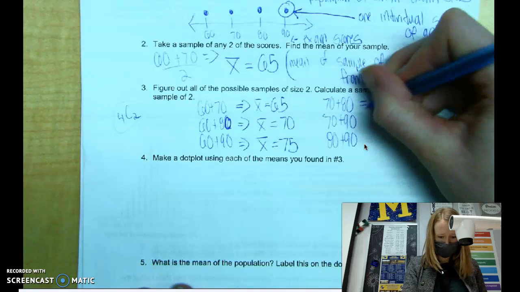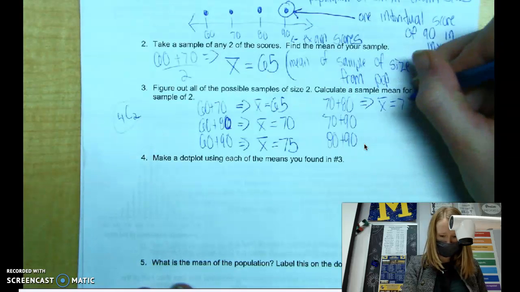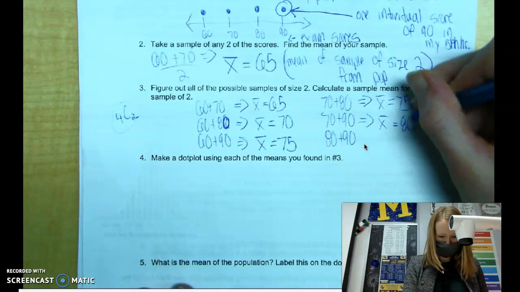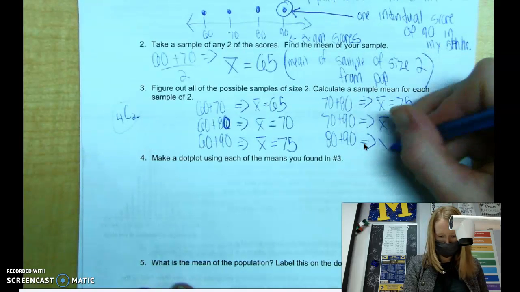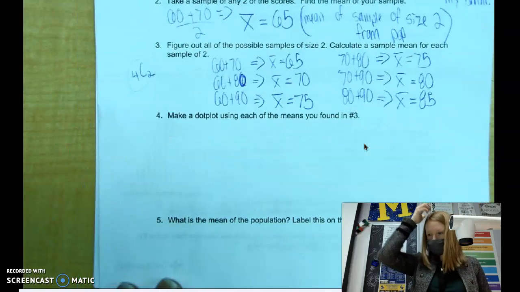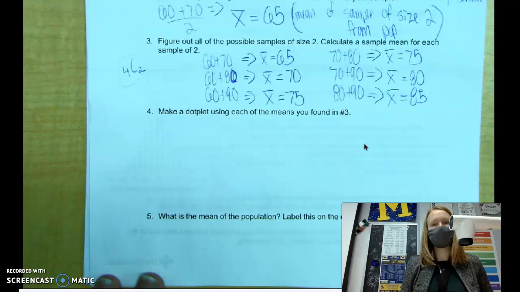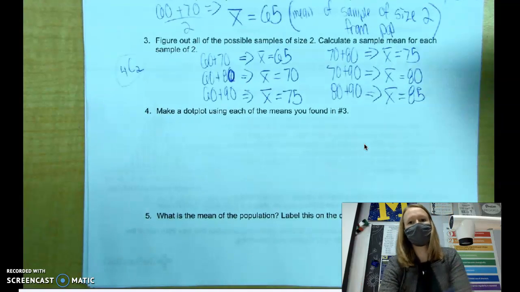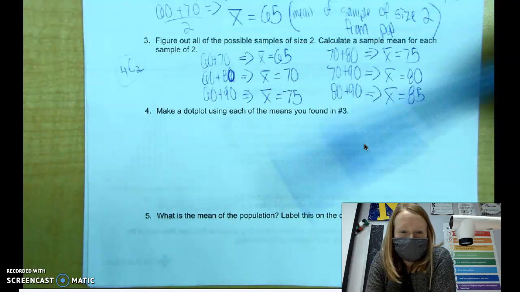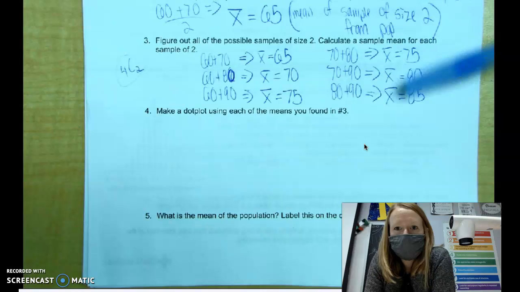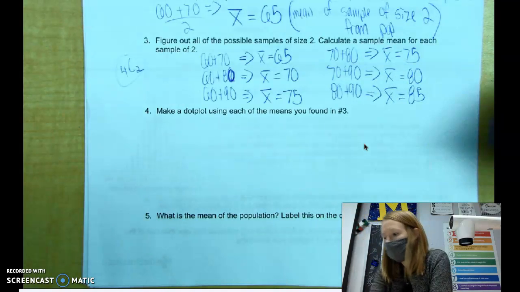Okay. You guys check my math on that. Does that look right? Hopefully. So once again, we have all of our different possible samples of size 2 listed with their averages.